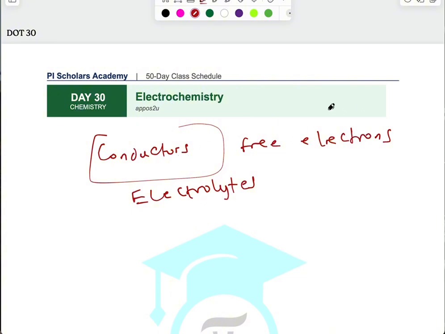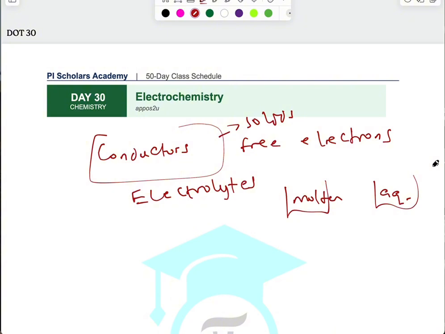But conductors are mostly solids. The moment you have something that is conducting electricity and you have it either in molten state or in aqueous state, then what you are looking at is an electrolyte.